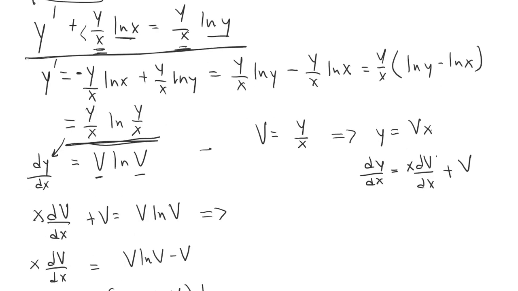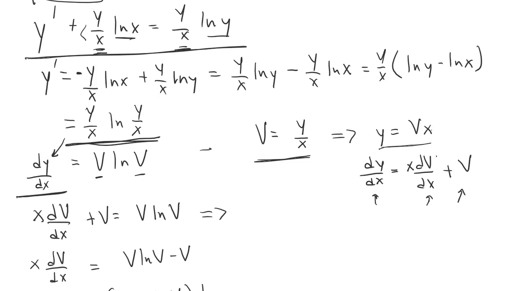Now, don't forget that you are going to have to account for this dy dx. We don't want y's. We only want v's and x's. But we know that v equals something in terms of y and x. So, utilizing some algebra, we get y in terms of v and x, and that allows us to find dy dx in terms of v's and x's as well.